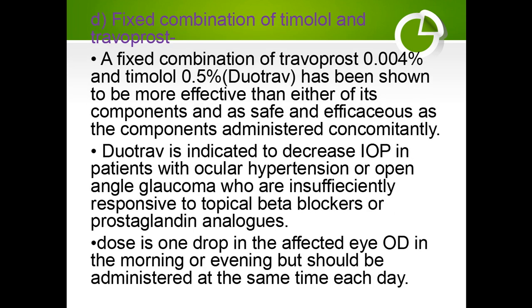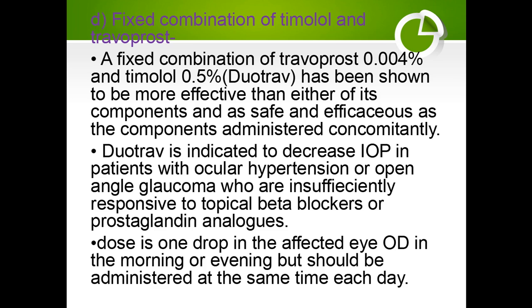Next comes the fixed combination of timolol and travoprost. A fixed combination of travoprost 0.004% and timolol 0.5%, marketed as Duotrav, has been shown to be more effective than either of its components and as safe and efficacious as the components administered concomitantly.